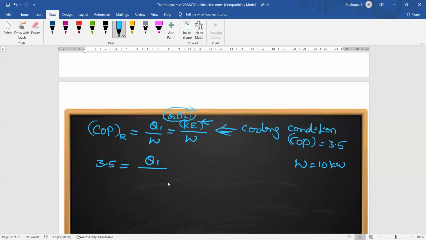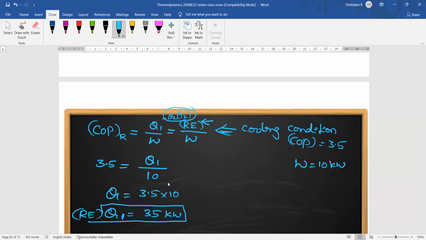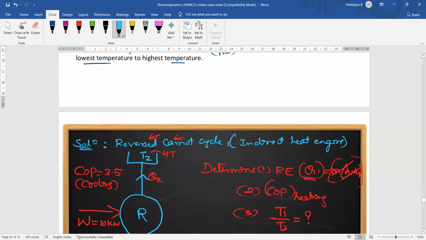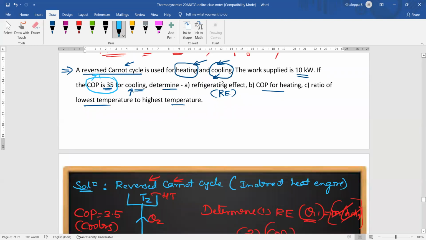He has given 10 kilowatt in the statement, so substitute 10. So Q1 is equal to 3.5 into 10. Q1, which is the refrigerating effect, is 35 kilowatt. This is the first refrigerating effect.